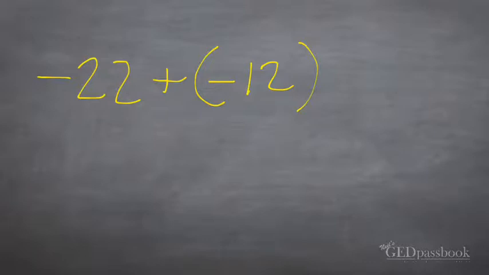Yeah, because it's an addition problem. So, do the numbers have the same sign or different signs? Same sign, which means you use the same sign rule. Everybody look at the cheat sheet where it says same sign. It says add and keep the sign, which means you add 22 plus 12, which becomes 34. And then you keep the same sign that they both have in common, which happens to be negative.